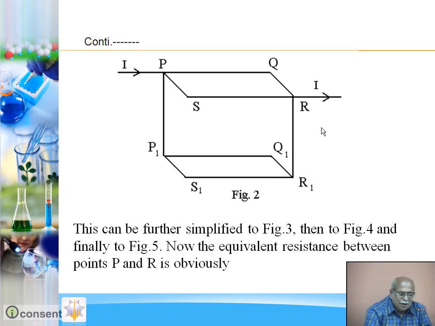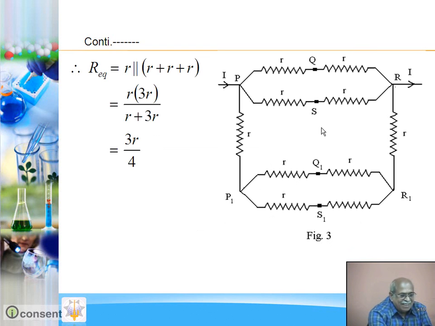After we do all this, figure 2 can be reduced to figure 3. Here is figure 3. P2 R, resistance R plus R. P2R, other branch, resistance again R plus R. So PQR, two resistances R R. PSR, two resistances R R. Same thing here.